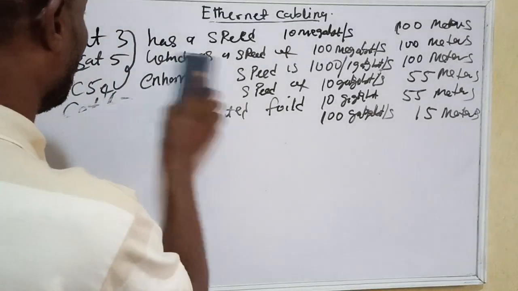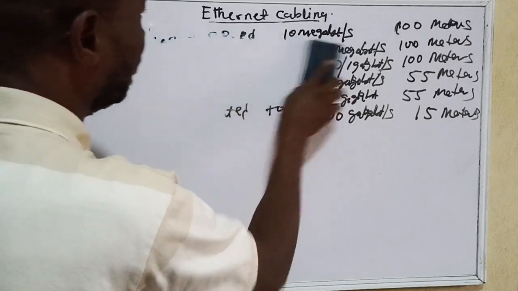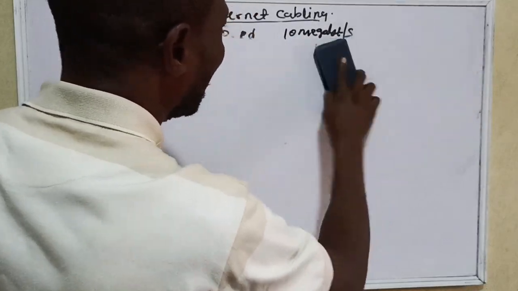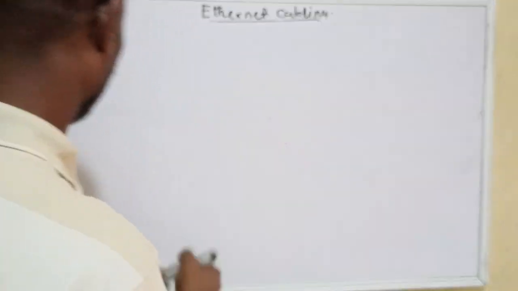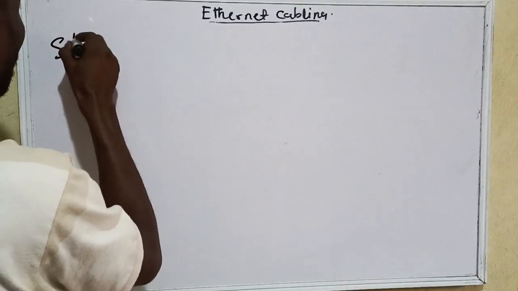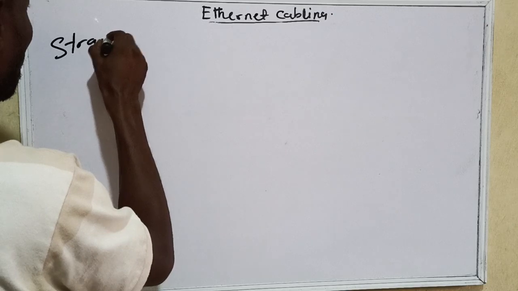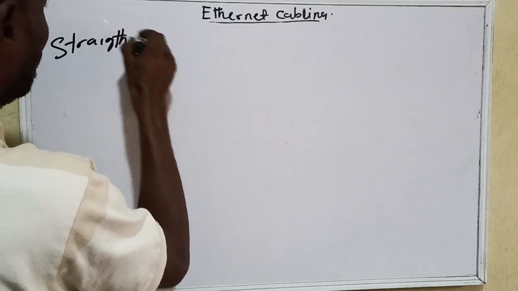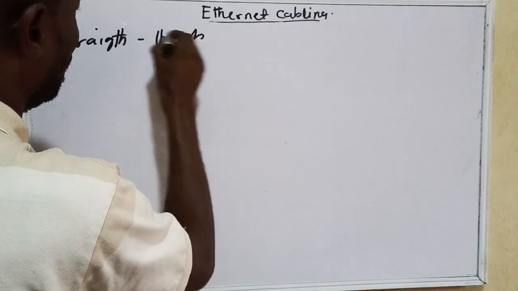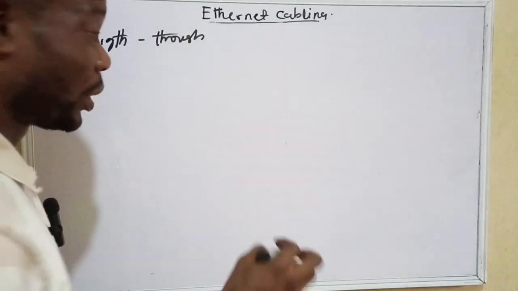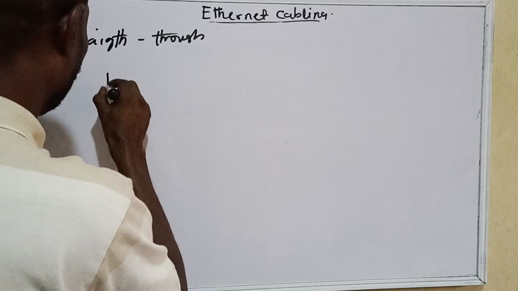There are also types of these cables, which is the straight through cable. Straight through cable is like this. Let's say this is the connector.